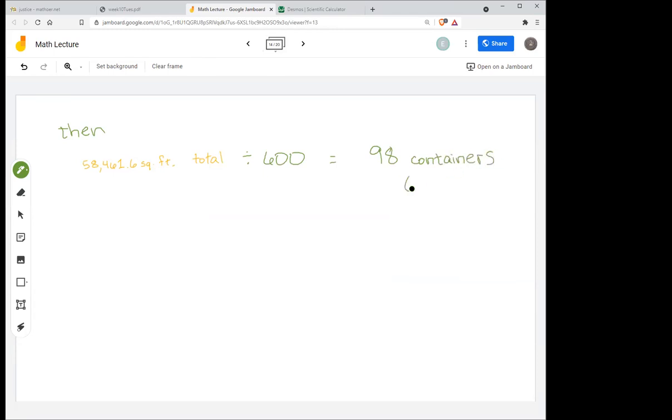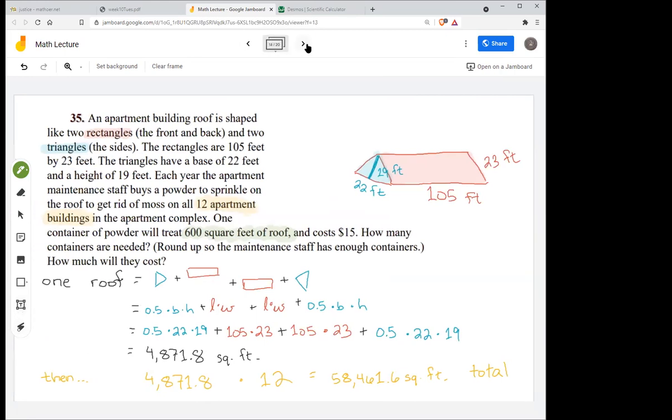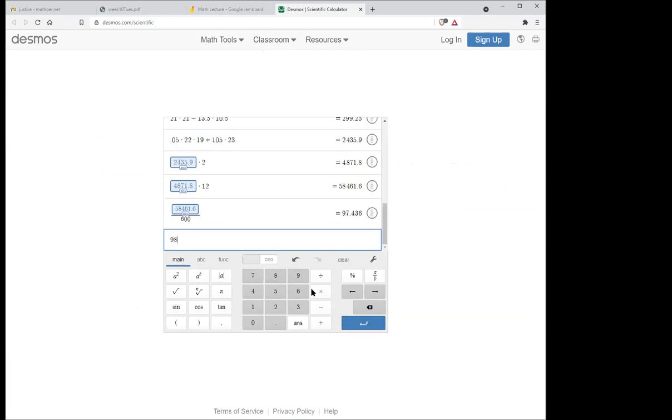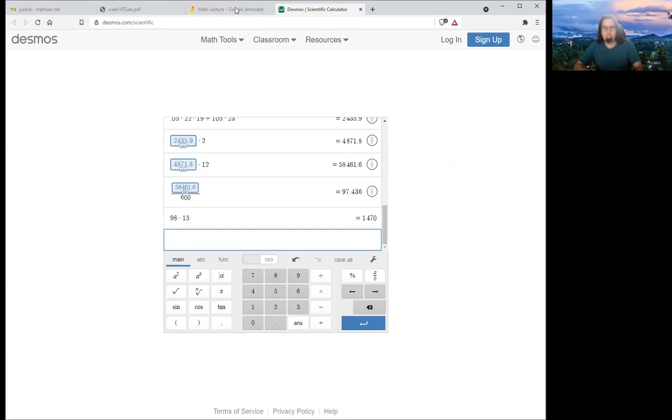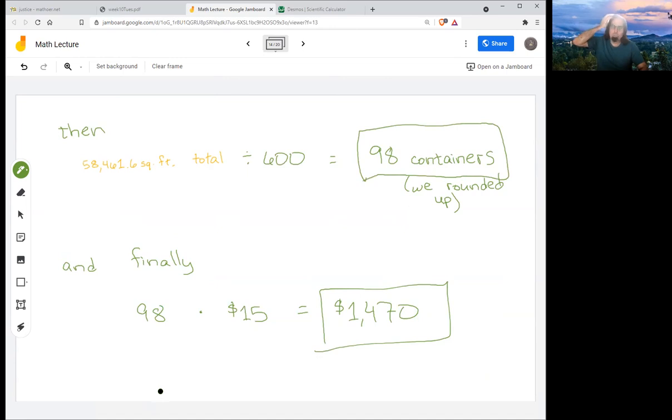Yeah. We're so close to done. How much will they cost? $15 each. $1,470. Ta-da!